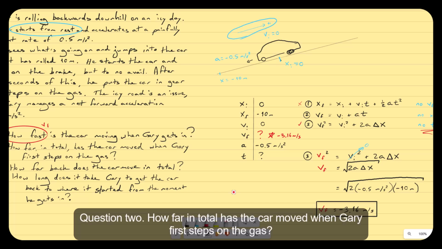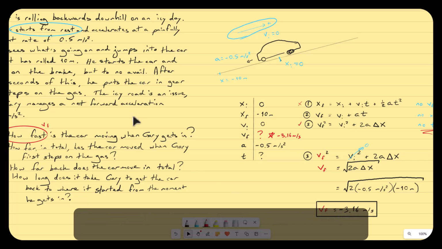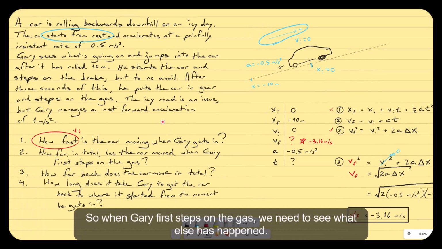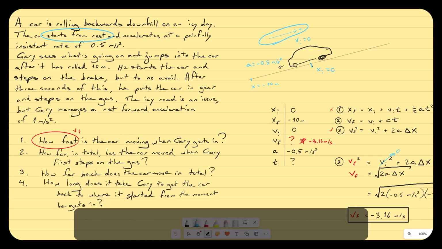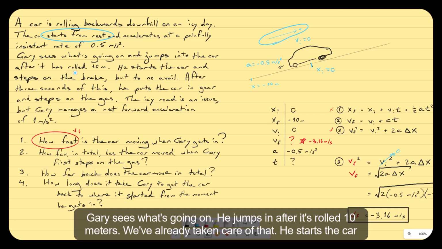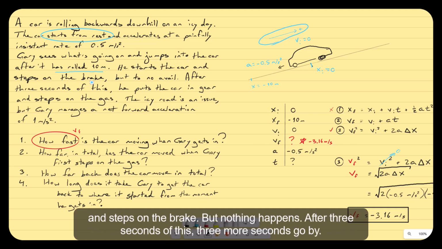Question 2. How far in total has the car moved when Gary first steps on the gas? When Gary first steps on the gas, we need to see what else has happened. Gary sees what's going on and jumps in after it's rolled 10 meters, we've already taken care of that. He starts the car and steps on the brake, but nothing happens for 3 seconds. So 3 more seconds go by.